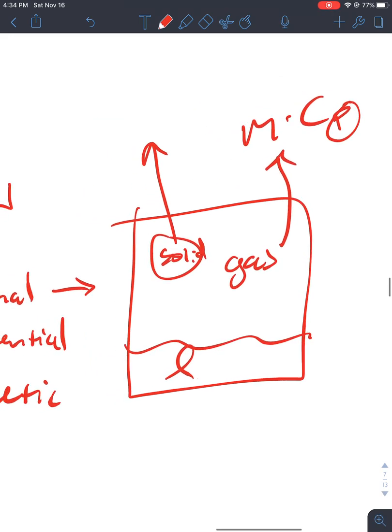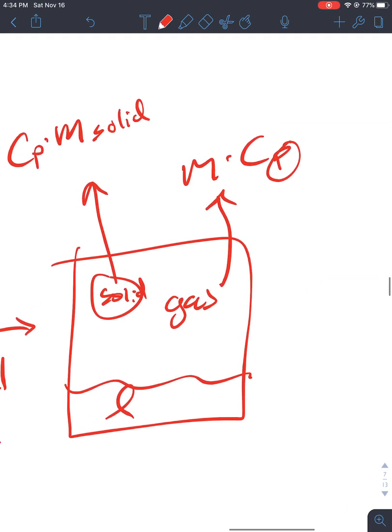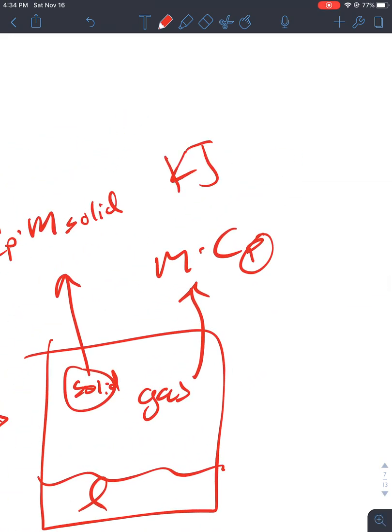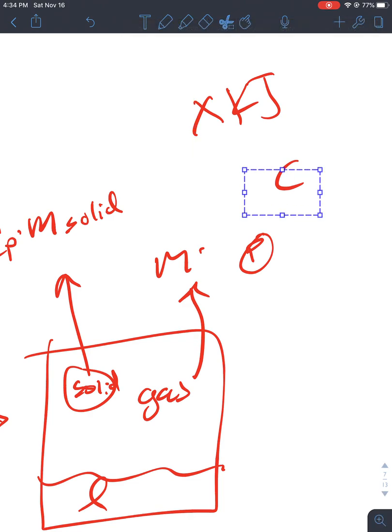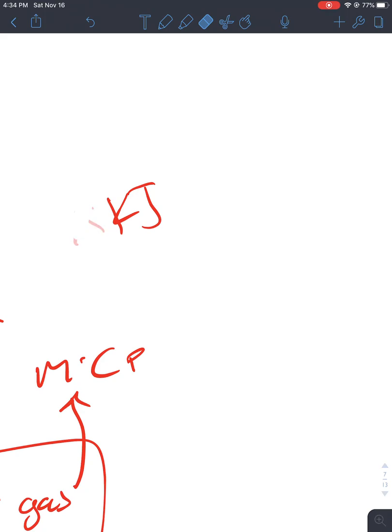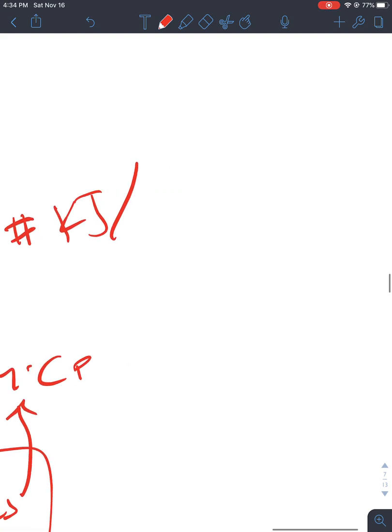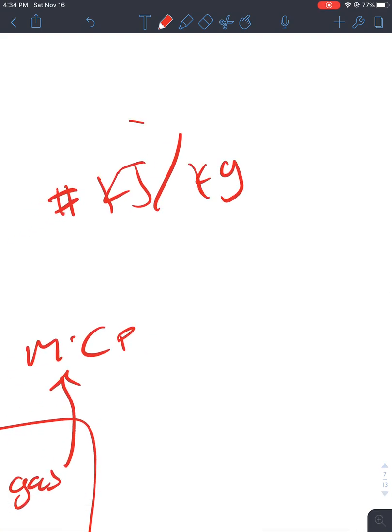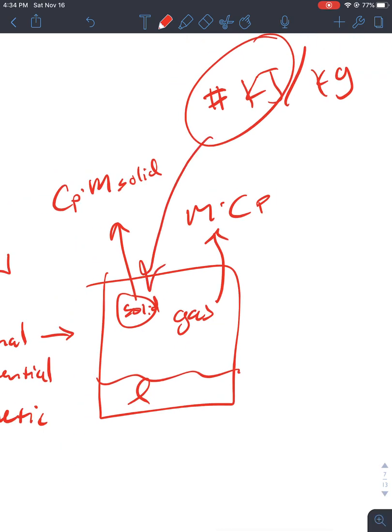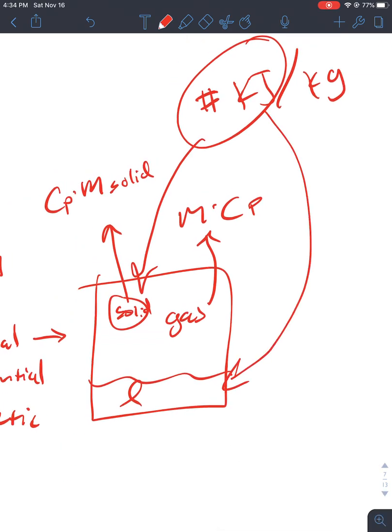And here it's the innate energy of the solid, which is Cp times m solid, which means you have some number of joules for every kilogram. That's how much energy you have in this solid. Pretty sure that's right. Do the same thing for the liquid, do the same thing for the gas.